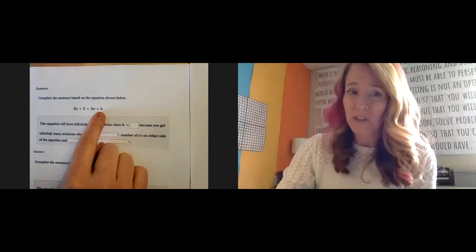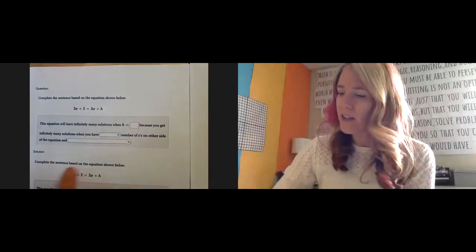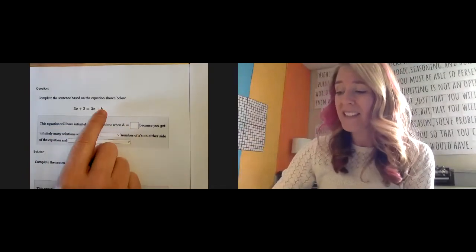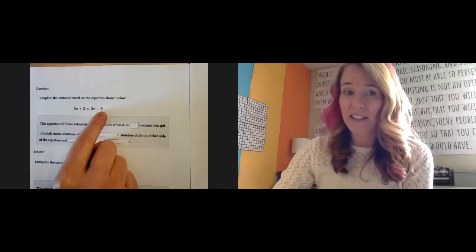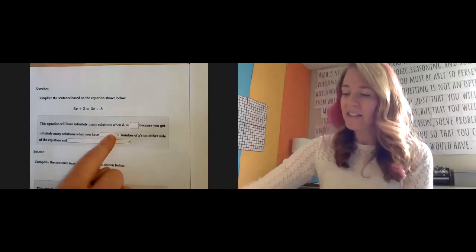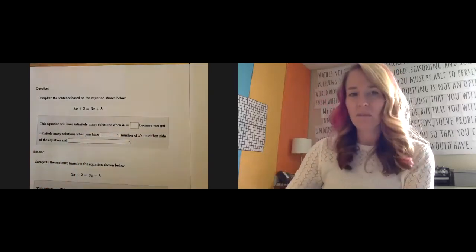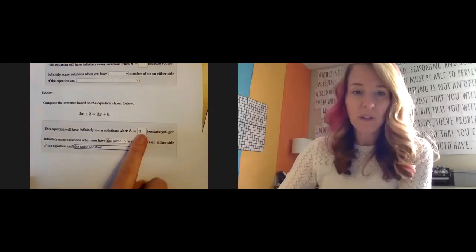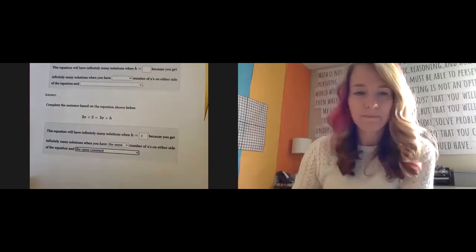Don't be thrown off by the h. Just think of it as an empty box. If you want infinitely many solutions, h has to be the same exact thing as the other side. So it has to be 2, because when you have the same number of x's and the same constants, it's infinitely many solutions. That's what they're looking for: the 2, the same, and the same, okay?